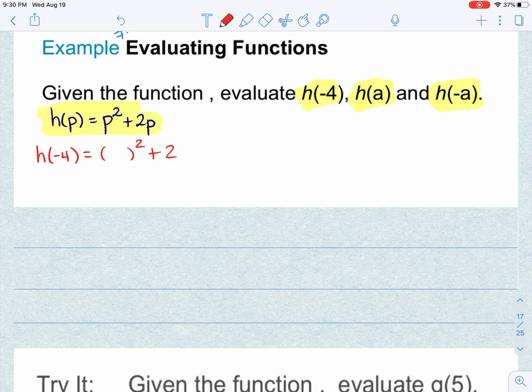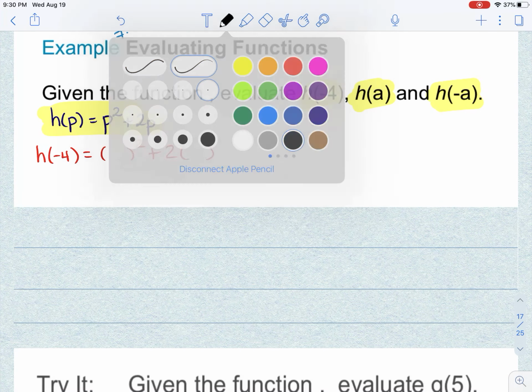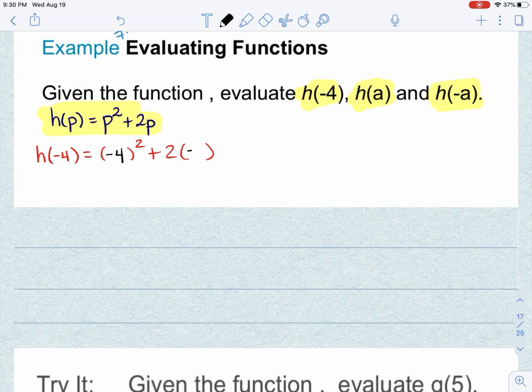I'm going to rewrite the equation, p squared plus 2p, except I'm going to replace the p's with negative 4. h of negative 4 is equal to negative 4 squared, which is 16. 2 times negative 4 is negative 8. And then 16 minus 8 is 8. So h of negative 4 is equal to 8.